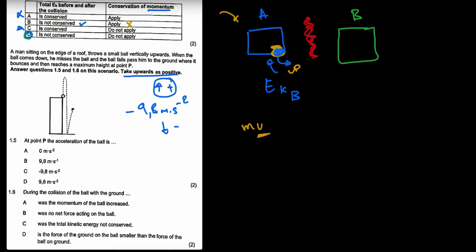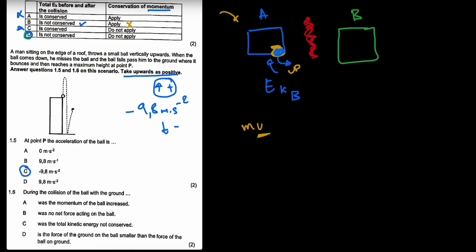So the acceleration should be negative 9.8 meters per second squared. So the solution to 1.5 should be C, which says the acceleration is 9.8 meters per second squared downwards. That negative indicates downwards.